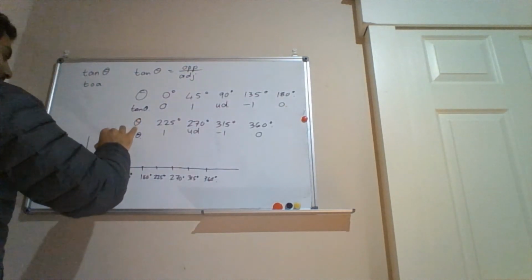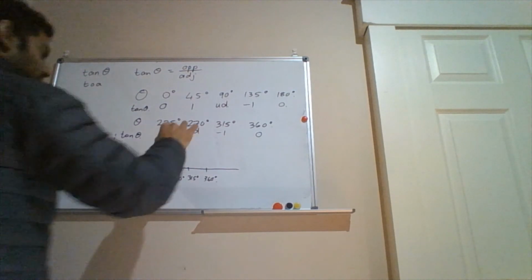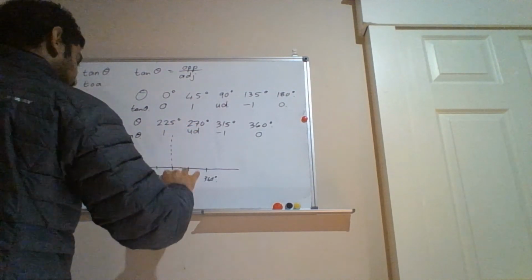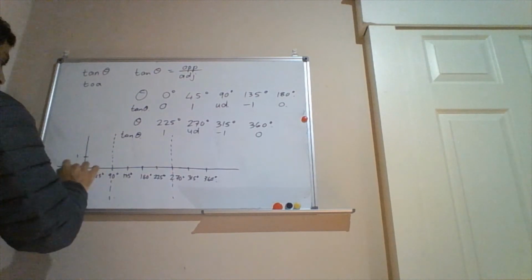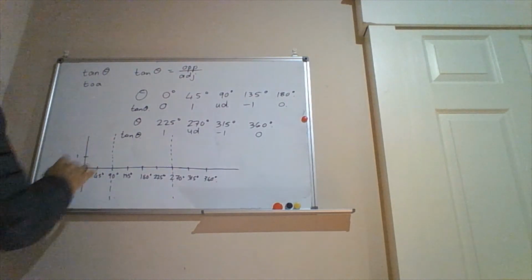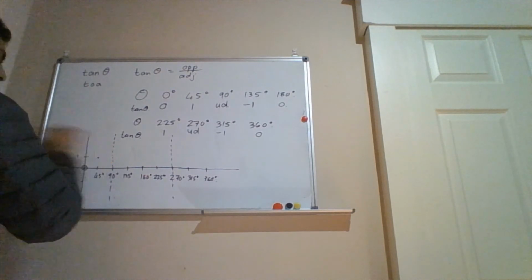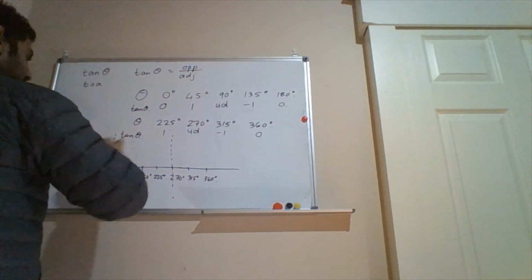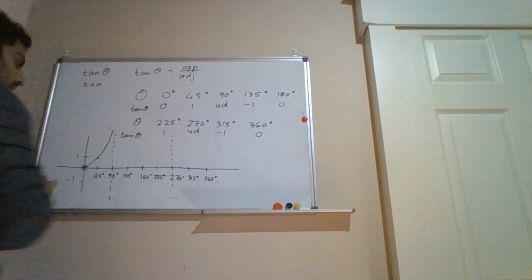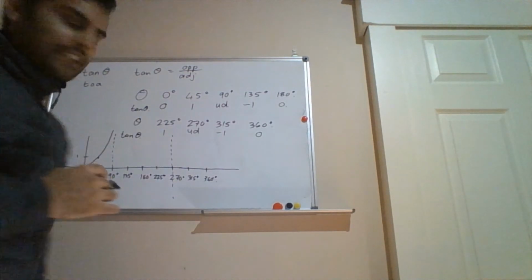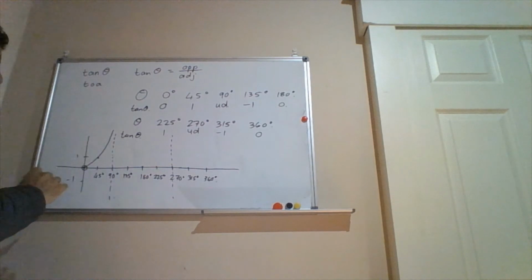Okay, so I'm just going to put my vertical asymptotes down. I'm going to put in as well 1 and minus 1. So tan of 0 is 0, 45 is 1, and as we get closer to 90, it's an asymptote tending towards infinity.